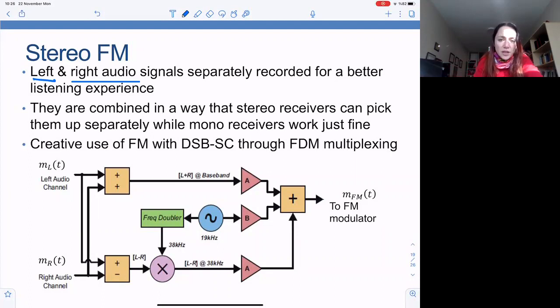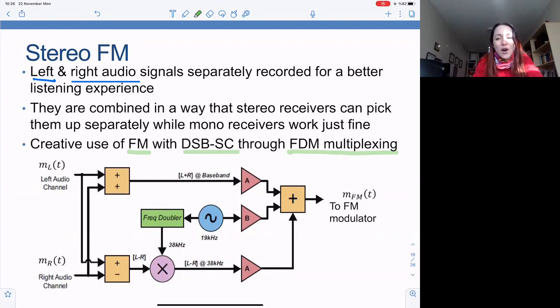You want to transmit these in a way that they will be heard by the user from the left-hand side speaker and the right-hand side speaker. How do you combine them? This is a creative use of FM with double sideband suppressed carrier modulation through frequency division multiplexing.